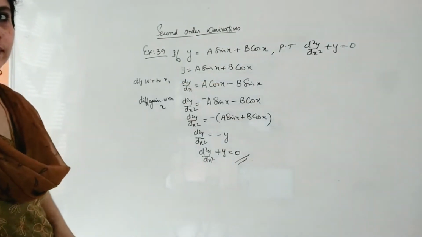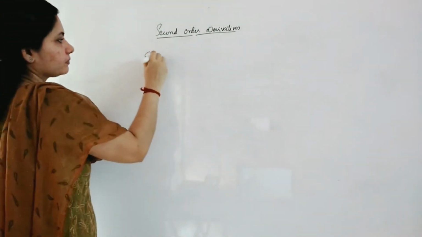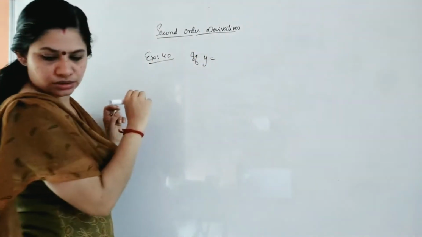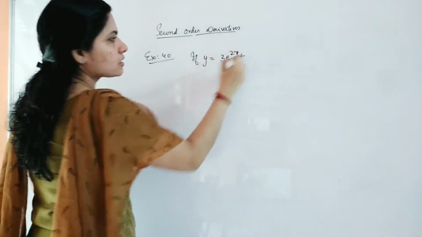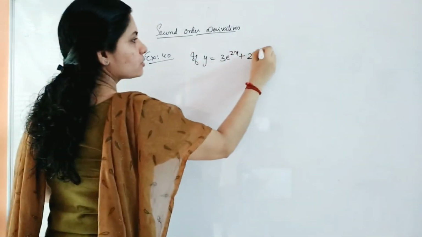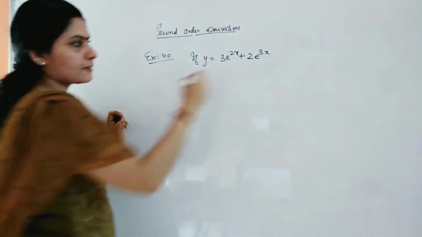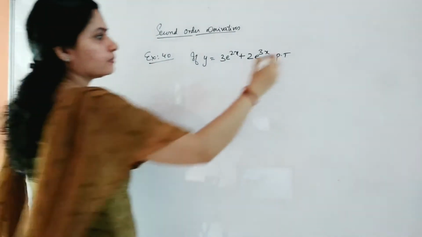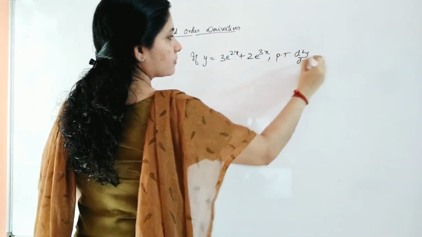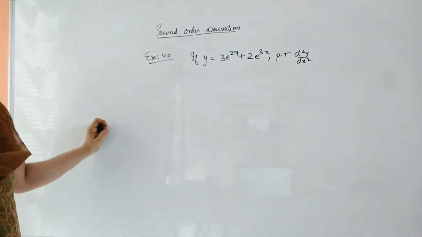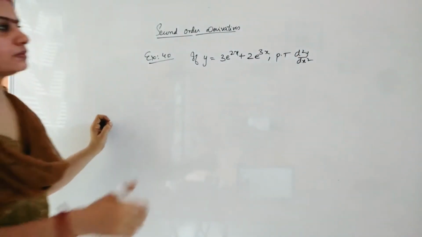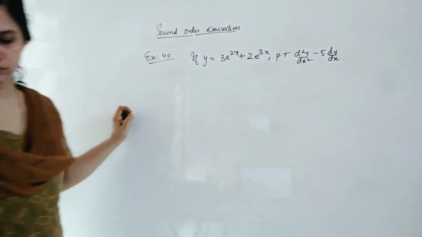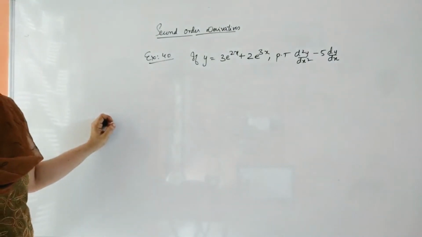Question number 40. If y is equal to 3 e raised to 2x plus 2 e raised to 3x, prove that d square y by dx square minus 5 into dy by dx plus 6y is equal to 0.